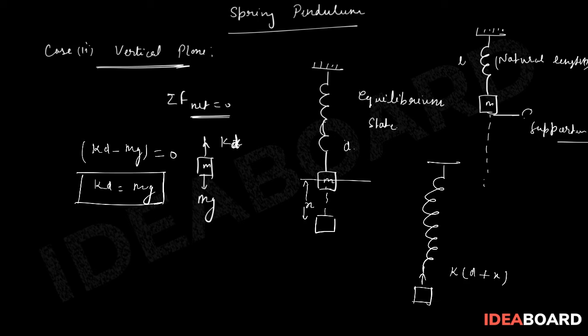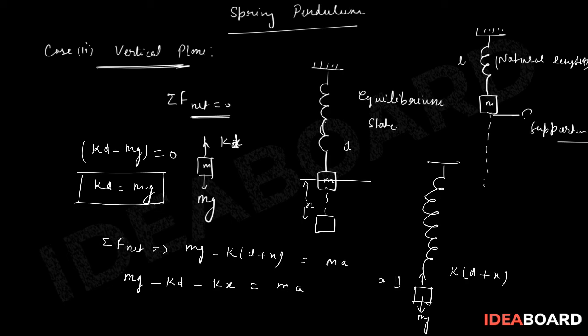So clearly if you draw the FBD of this block, then mg force is downwards, k(d plus x) is upwards. So in that scenario, summation of F net is going to be equal to mg minus k(d plus x), which is equal to m into a. So from here mg minus kd minus kx is equal to m into a.